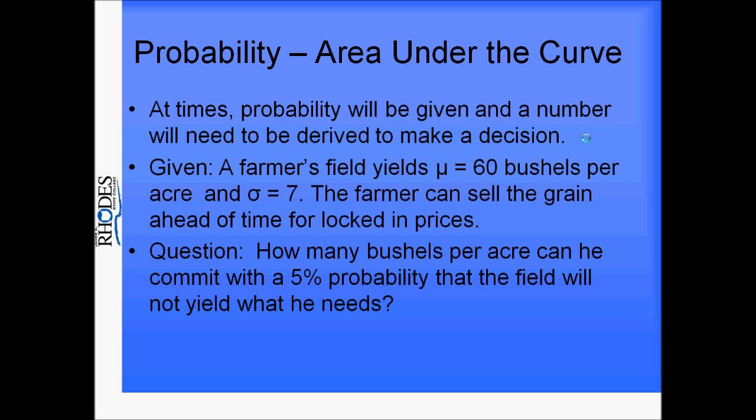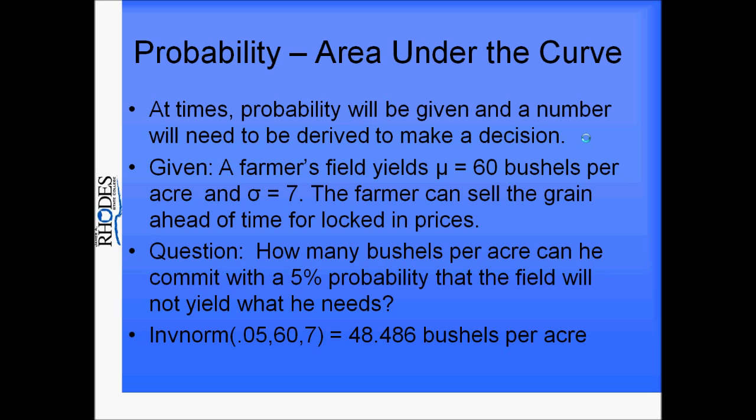You have to basically buy the grain to fill the contract if your field doesn't perform as well as you thought it was. So there's risk on the farmer's end when they lock in these contracts. So what I'm trying to show here is that you can use statistics to calculate how many bushels per acre the farmer should lock in in this case.